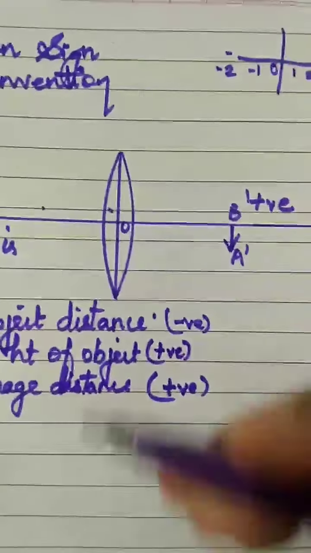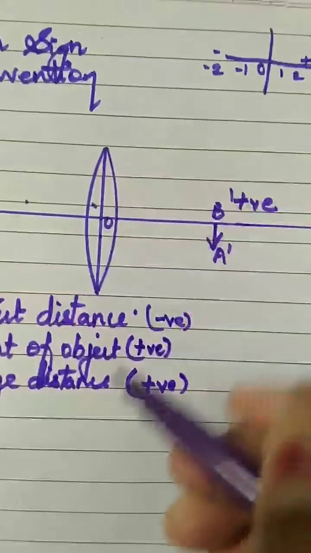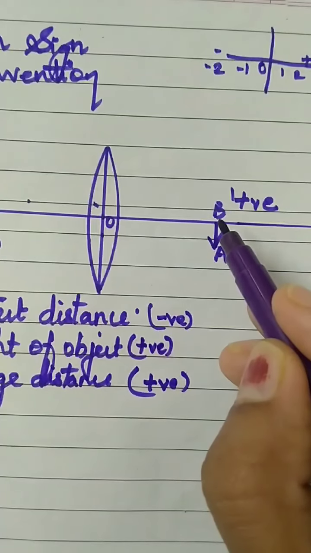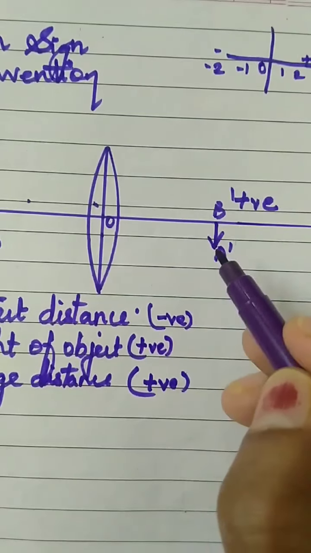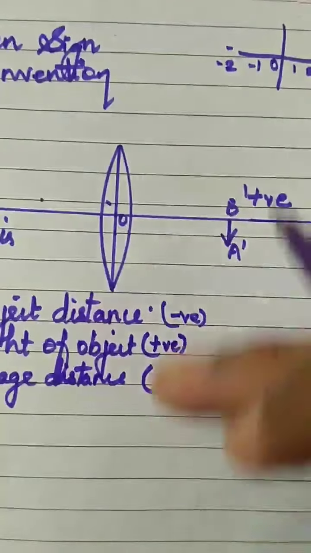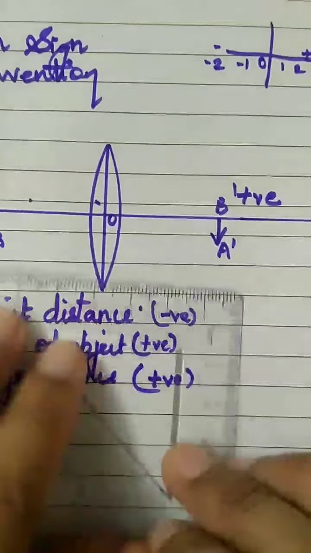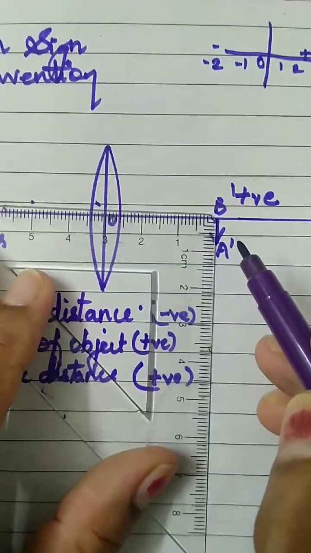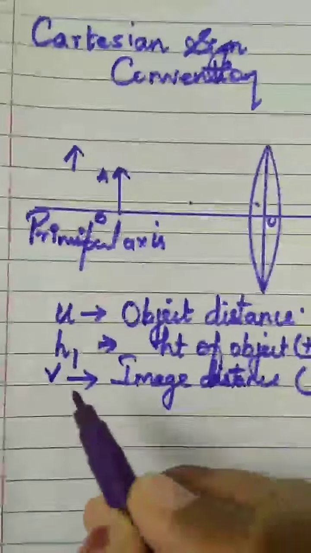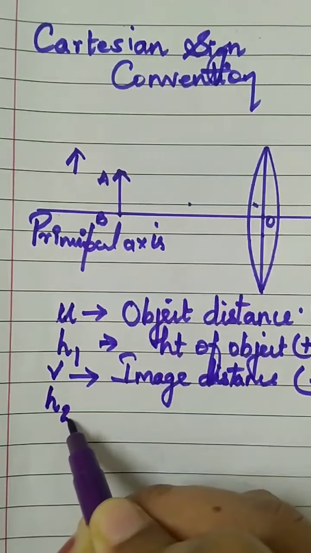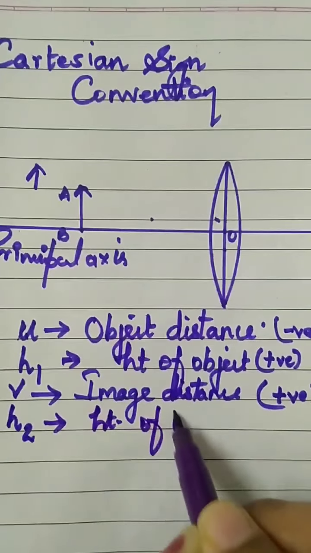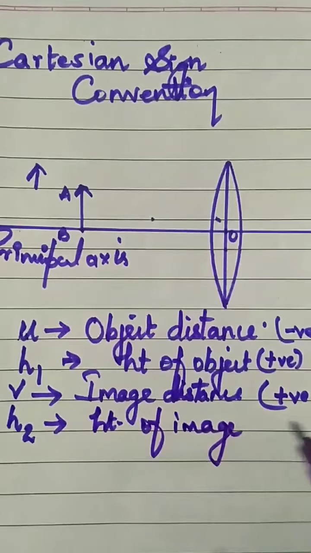Downward, whatever you are measuring, here you can see it is an inverted image. Height is upside down, so inverted image means negative. If you measure downwards, you will write the height of the image H2 as negative.